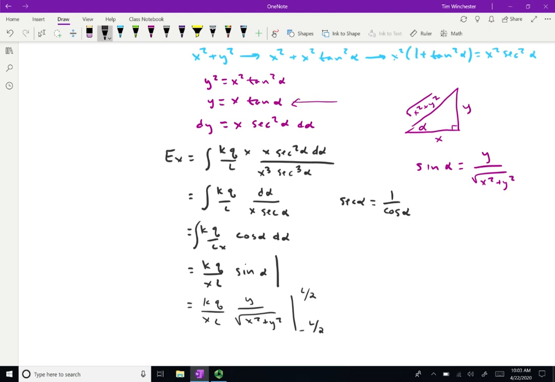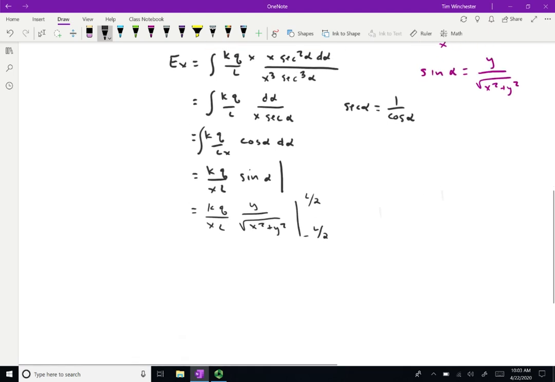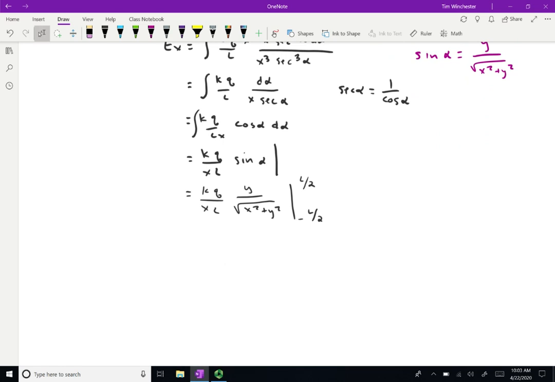Okay, so at this point, we can just plug those in. When you do that, what you'll get is kq L, because you'll have L over 2 plus L over 2, over xL square root of x squared plus y squared.